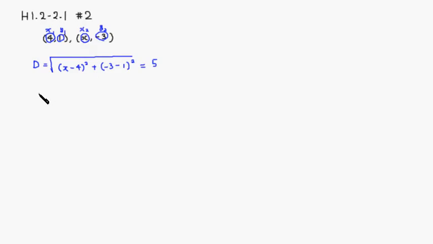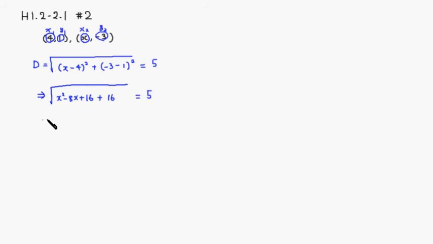So this is going to give us the square root of, if you multiply that out, you get x squared minus 8x plus negative 4 squared, which is 16, plus negative 3 minus 1, which is negative 4. Then you want to square that. So negative 4 times negative 4 is 16. Right? That's equal to 5.